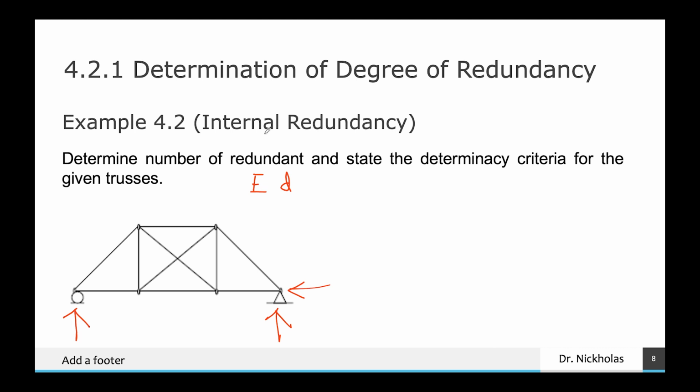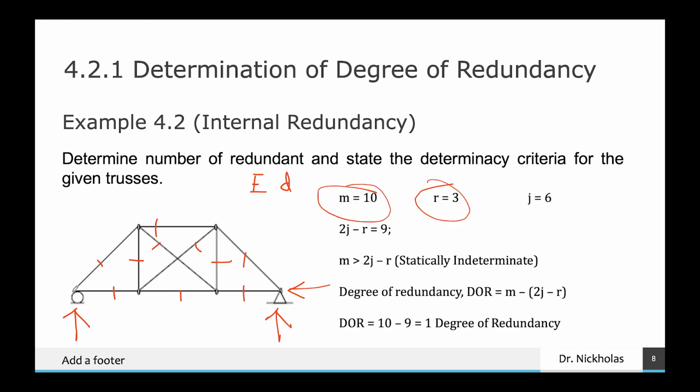Internal redundancy of the structure: we calculate the total number of members, 1 to 10, so we have 10 members, and we have 6 nodes.